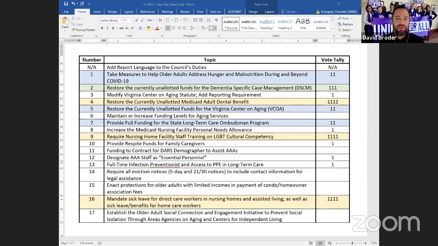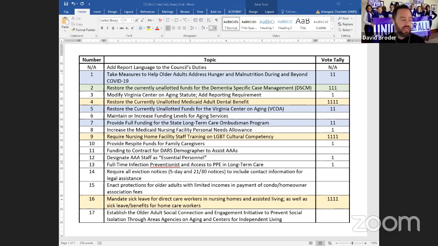Absent that, the choice between whether to go to work or put food on the table is a terrible choice. And when workers who are working hands-on, who cannot socially distance with older adults, particularly in a pandemic, don't have the ability to quarantine, this is a public health crisis for all of us. I think this is going to be an ongoing issue, and will still be on the table come January in one form or another.